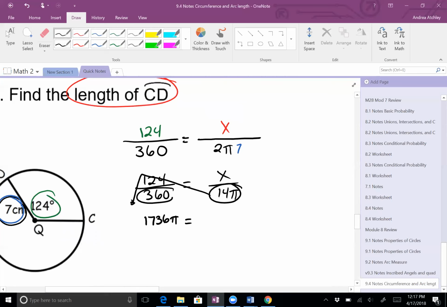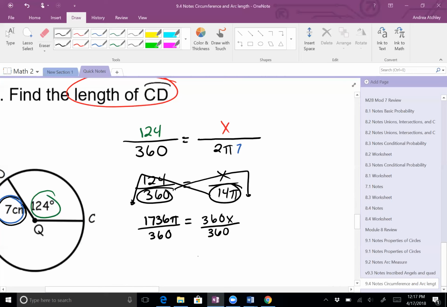Then I'm going to do 360 times x is 360x. Any questions over that? Then I'm going to divide by 360.